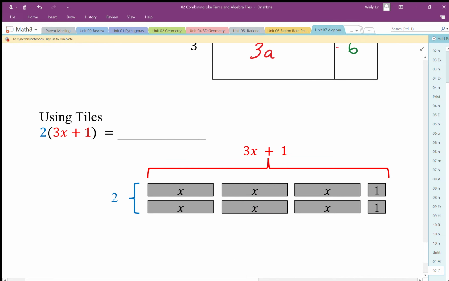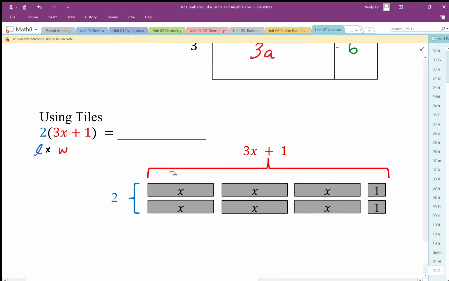When I use algebra tiles, it's really the same thing. If I want to multiply 2 times 3x plus 1, we have to remember that the 2 represents the length. Whenever we have multiplication, one part is length times the other part is width. So if I have two things being multiplied, I should be able to express this with a length and a width.